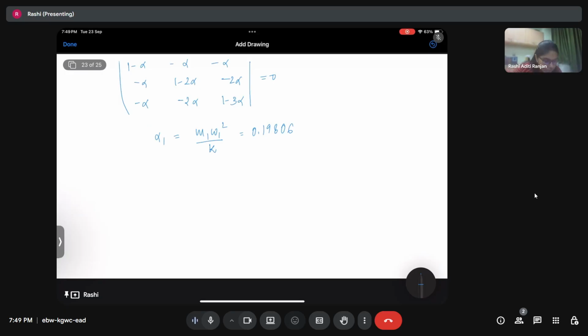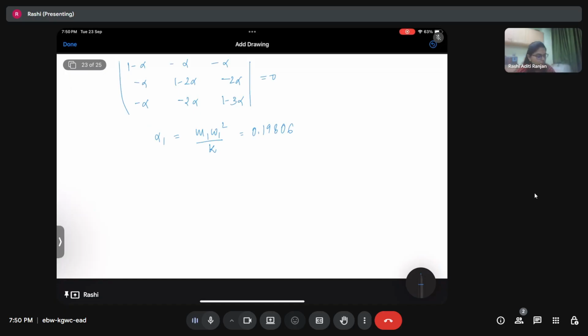You can solve it using MATLAB or manually also. We assume one of the roots and then find the other roots by dividing the characteristic equation by alpha minus alpha 1, and then we get a quadratic equation, and we find the roots from the quadratic equation.